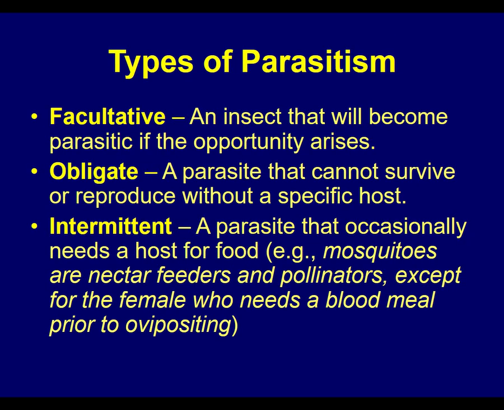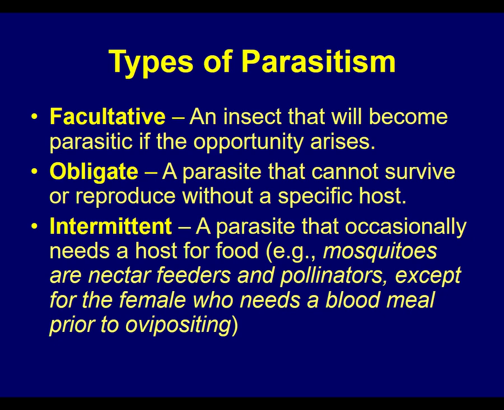So, okay, and I believe this is the last slide here. And this is a couple of different types of parasitism going on. Facultative means that, well, hey, the opportunity arose. Sure, I will be a parasite temporarily. And they don't require it for their survival, but it's just, if it's there, sure, they'll go for it.